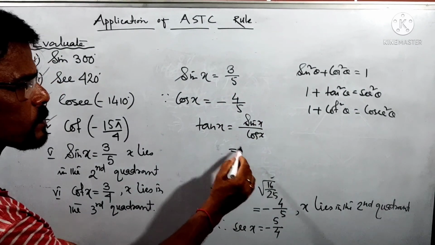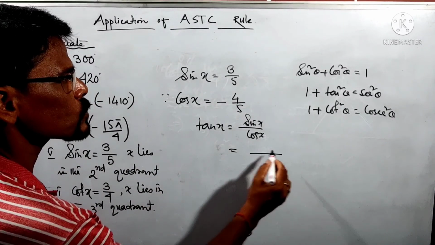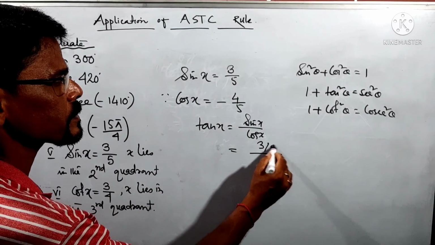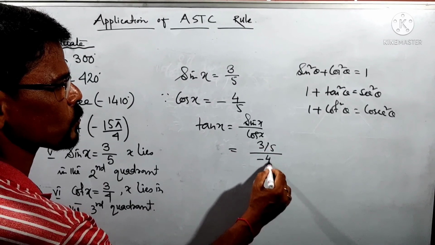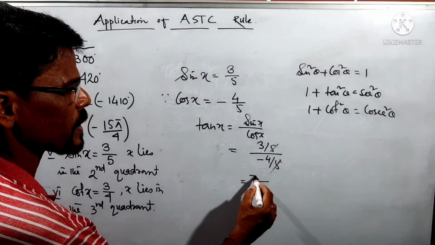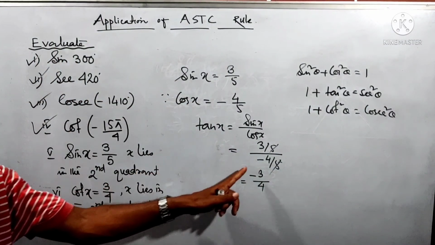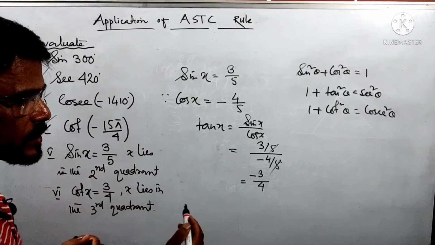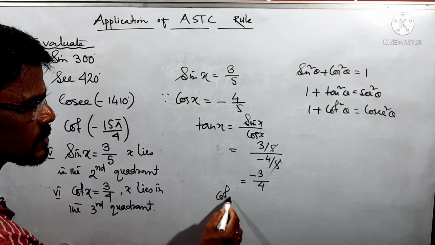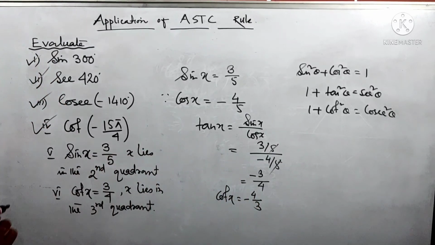So putting the value of sin x and cos x, 3 by 5 divided by minus 4 by 5, 5 cancel, so the result is minus 3 by 4. If tan x equal to minus 3 by 4, its opposite will be cot x. Cot x equal to minus 4 by 3. So this is the value of cot x.